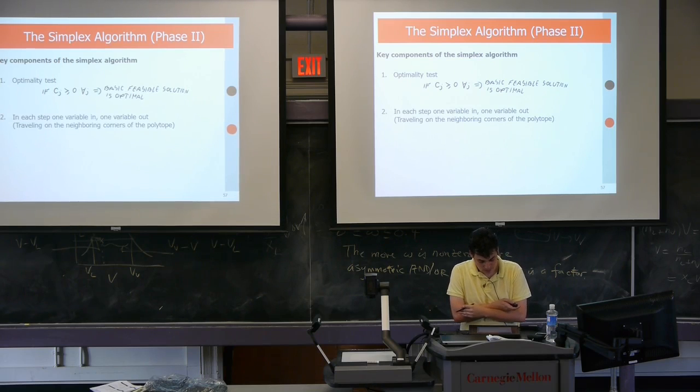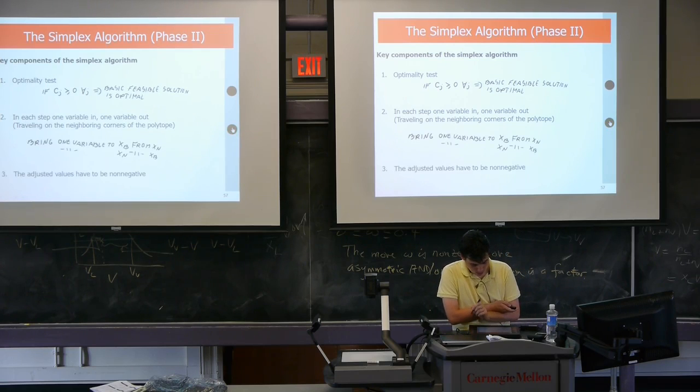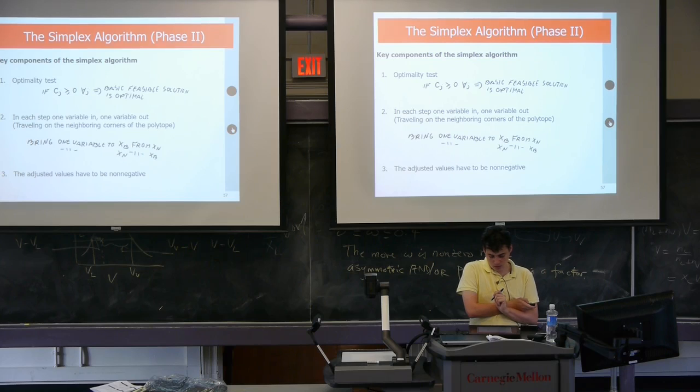However, if there's one component that's negative, then you can choose that column to do a pivot. In each step, one variable will come in and one variable will go out. You choose which variable will come in, and you increase that value from 0 to such a value that your solution remains feasible.